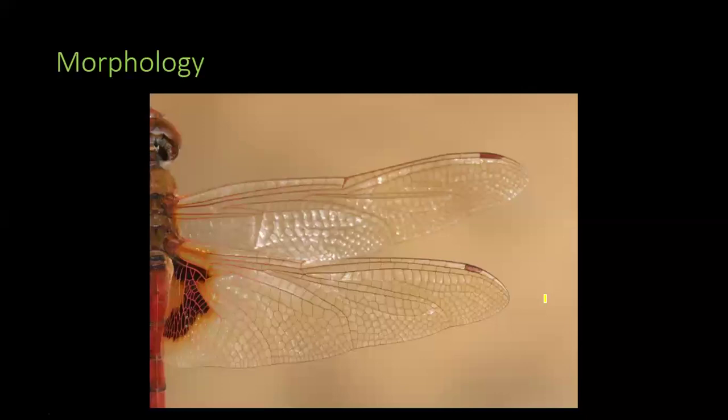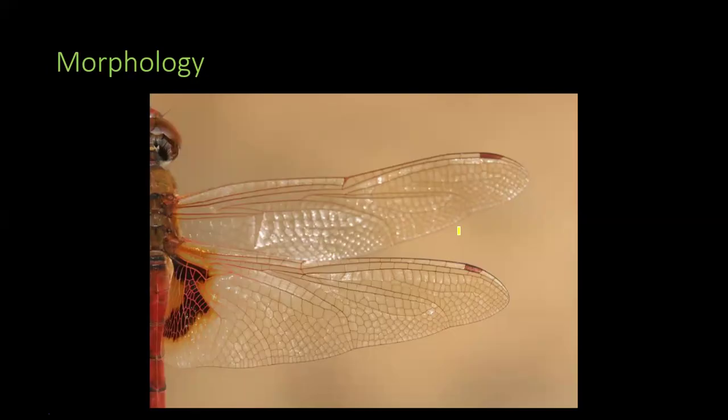Right. Then the wings. The dragonfly wing is a membranous structure which is supported by these vein-like structures, which are hardened areas that support the structure of the wing. You can see the membrane is supported by this venation.